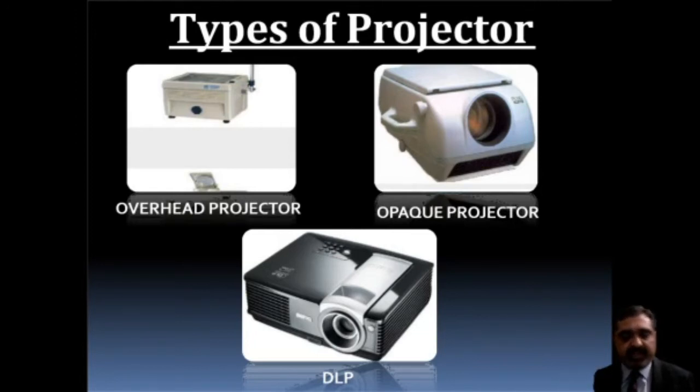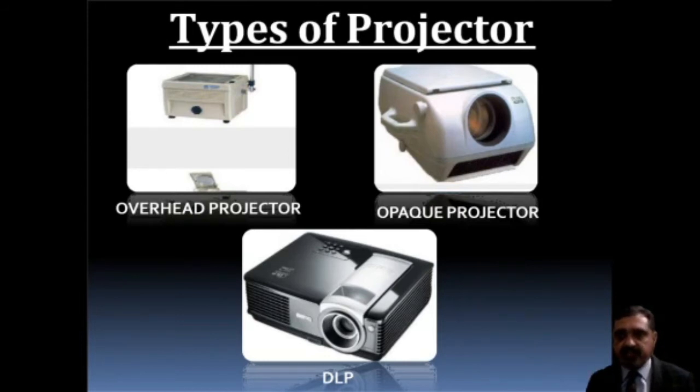And if we define DLP, DLP was technically developed by Texas Instruments, and is used for projecting images from the monitor onto a large screen for presentations. Prior to the development of DLP, most computer projection systems were based on LCD technology, which tends to produce faded and blurry images.